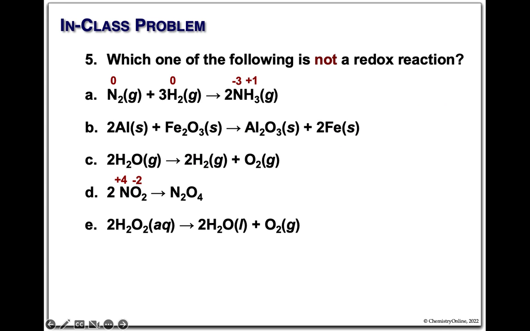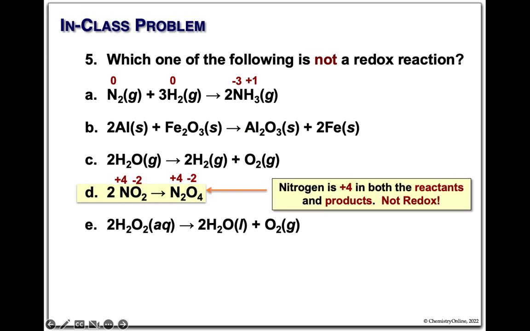Over here, oxygen is still going to be -2, isn't it? We have 8 negatives, 2 nitrogens, each one must be +4. Nitrogen has not changed from one side to the other, neither does oxygen. This is not a redox reaction.